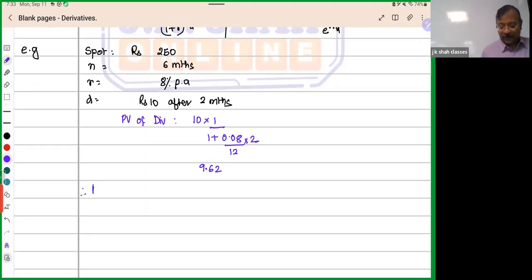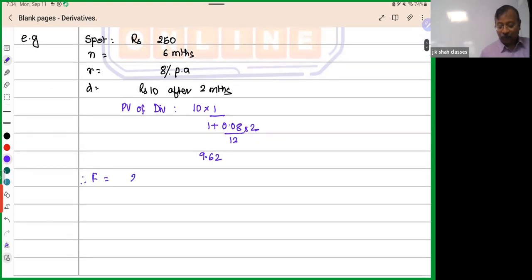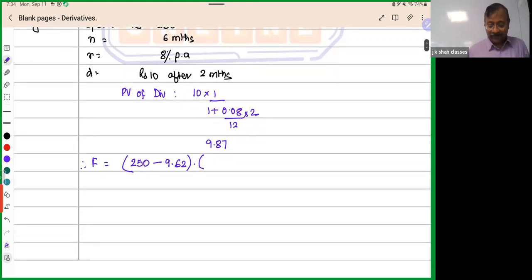Therefore, future price is equal to 250 minus 9.62 into 9.87, okay, 9.87 into 1 plus 0.08 divided by 12 into 6.